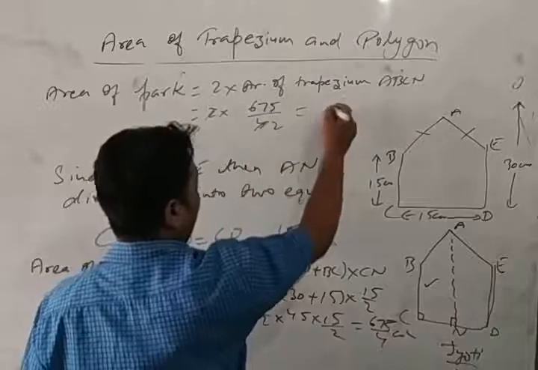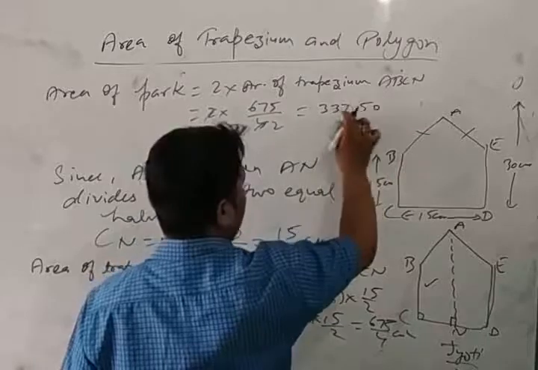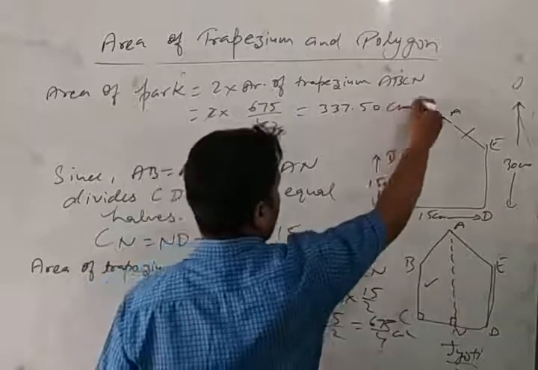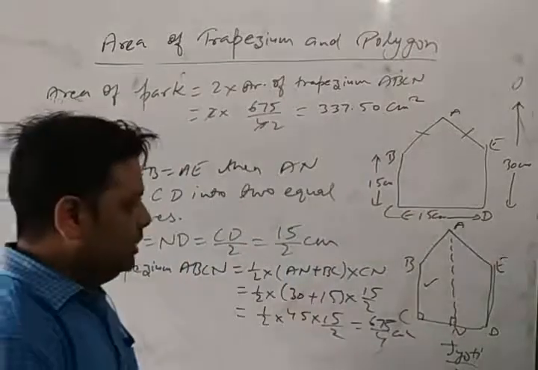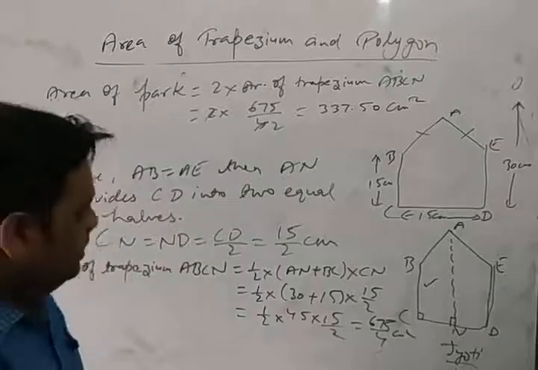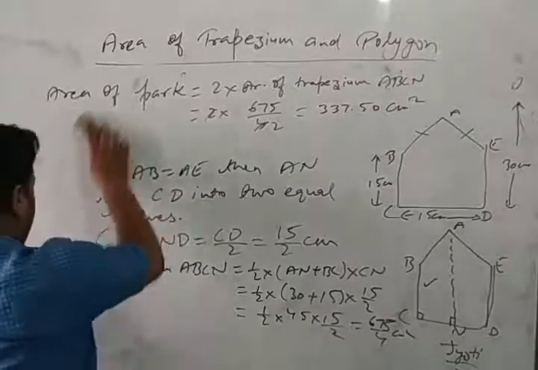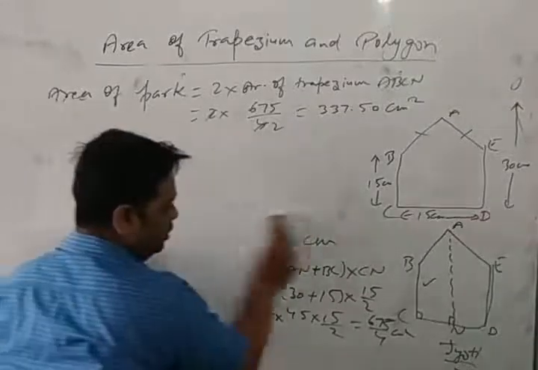Then if you divide, you get 337.50 centimeter square as the area of this part formed by Jyoti. Now, if Kavita finds this value, will the area of the part be the same or not, we will see.